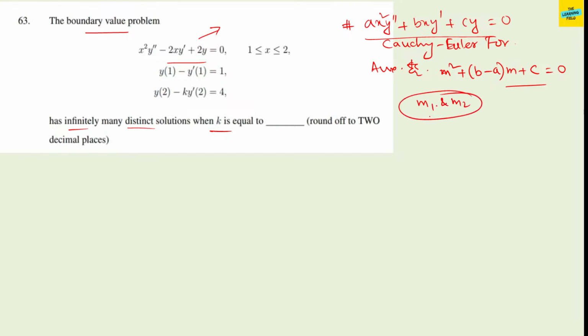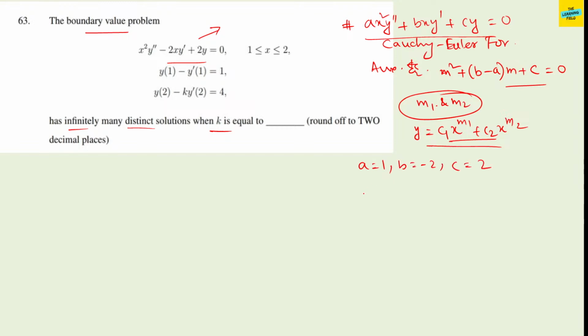If m1 and m2 are distinct, then y equal to c1 x to the power m1 plus c2 x to the power m2, and if these are repeated, you all know how to write these types. Just instead of e to the power this, we have to write x to the power this in this case. Fine. So here if we compare, then a equal to 1, b equal to -2, c equal to 2.